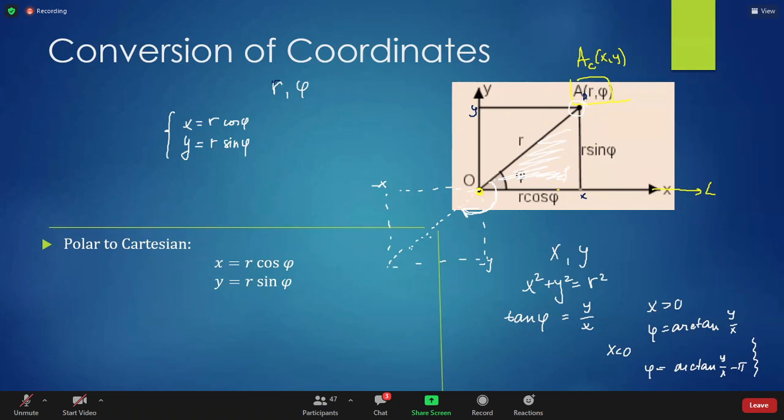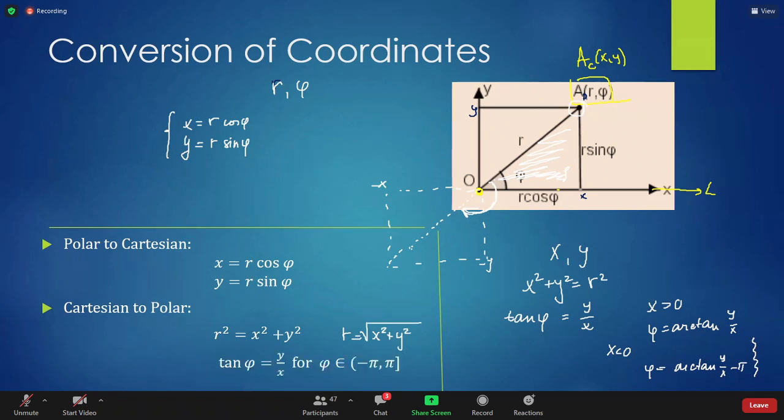In practice, when we need to do this, we do, of course, the distance r from the coordinates, so r would be the square root of this. The distance is the square root of x squared plus y squared. We would do this, and then we would say, all right, we find the angle for the tangent, but we also need to note the quadrant.